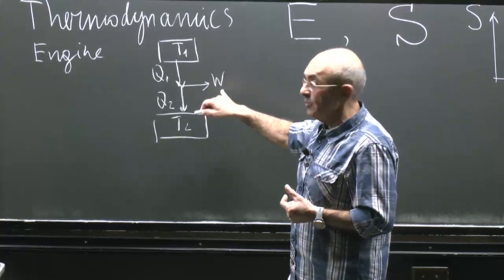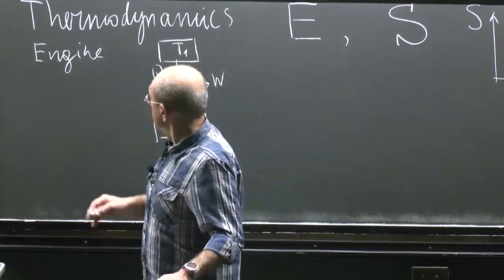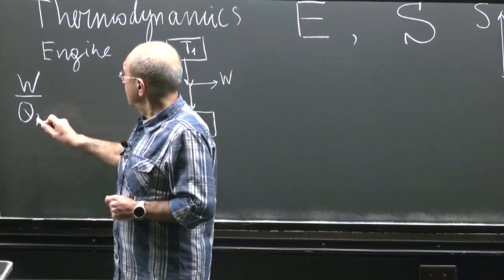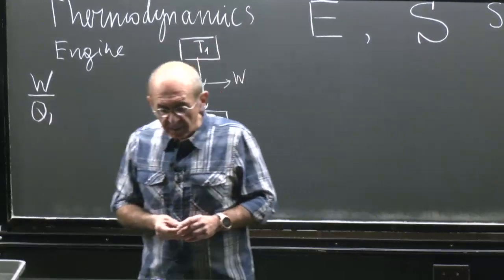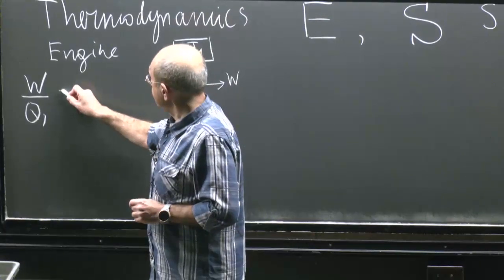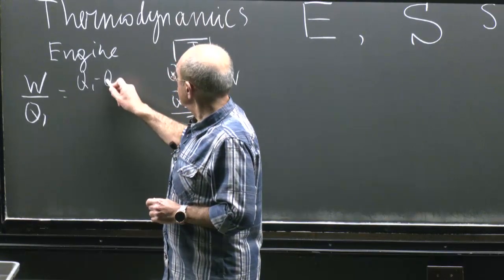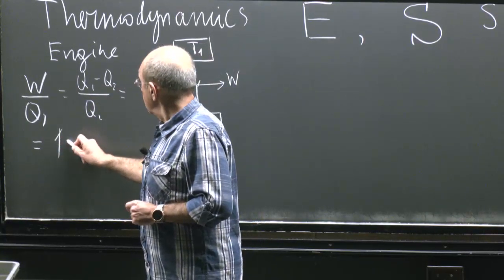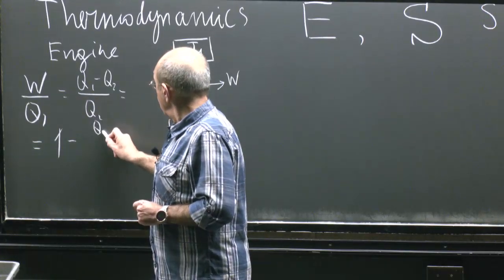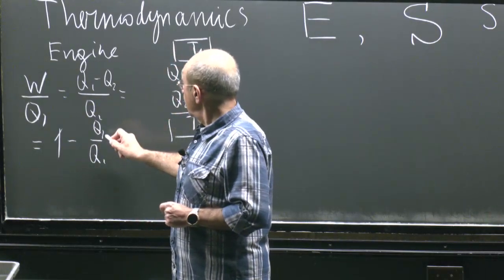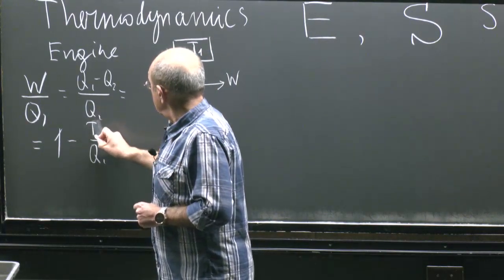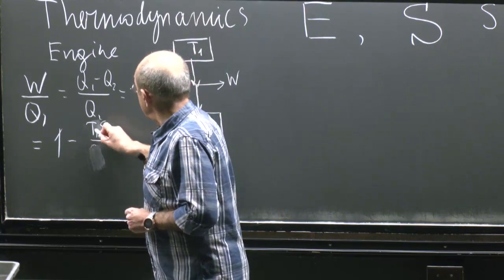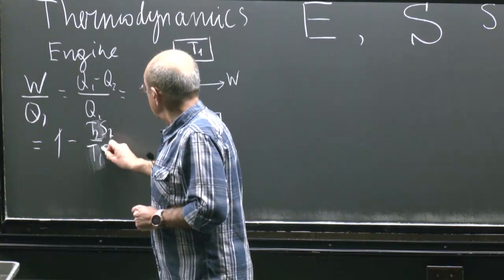This is something which you can measure and which is useful, and then you ask what is the ratio of the heat that you have taken that you can use, and this is called engine efficiency, and apparently this is Q1 minus Q2 divided by Q1, or this is 1 minus Q2 divided by Q1, but you can replace it by T2 S2 over T1 S1.